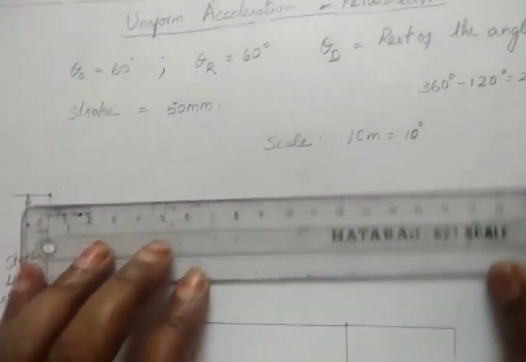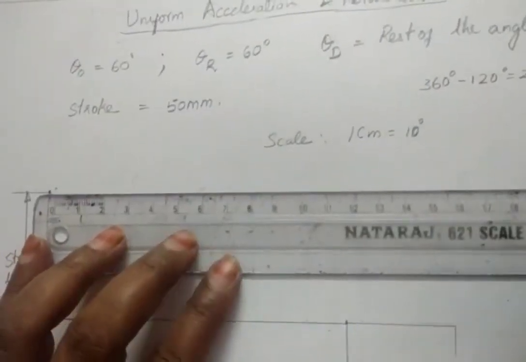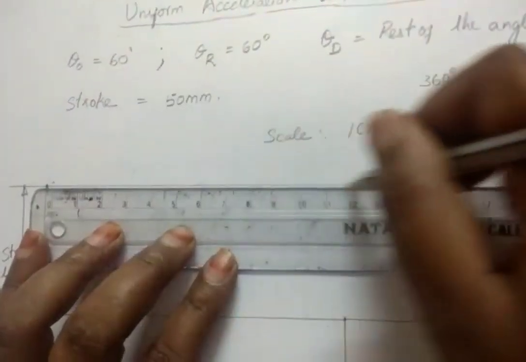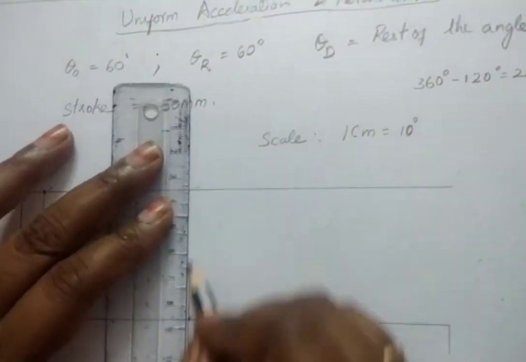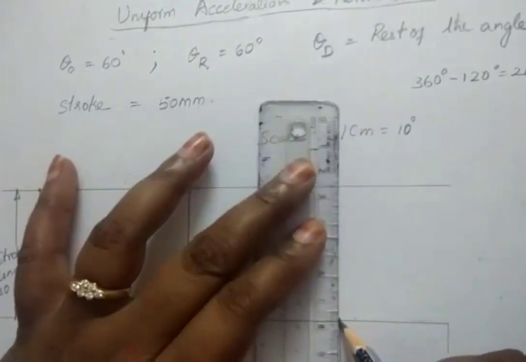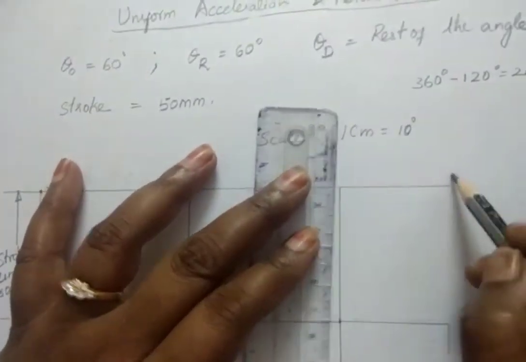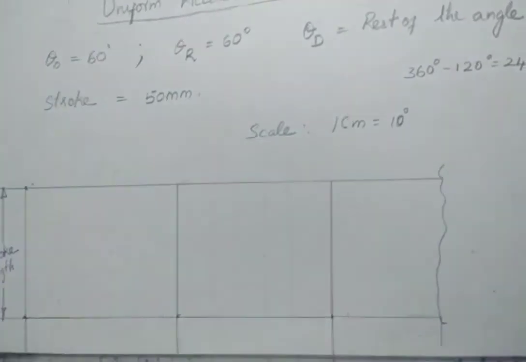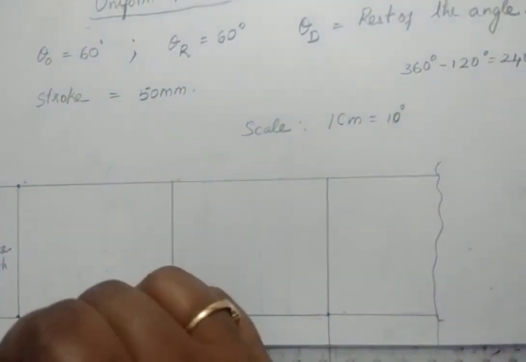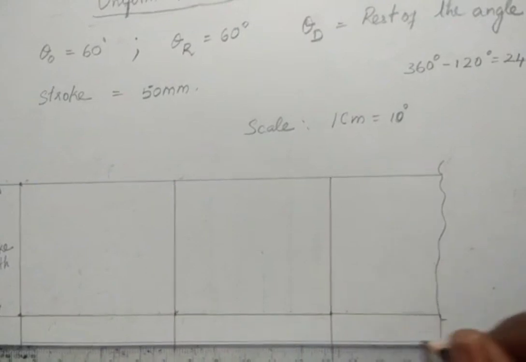Now I have drawn the upper horizontal line to complete this displacement diagram. Here you give the outward stroke and return stroke lines. The breaking line indicates theta dwell continuously, the rest of the angles.